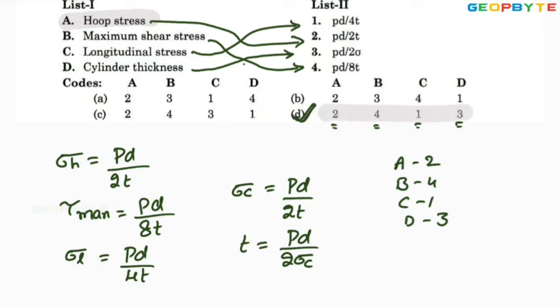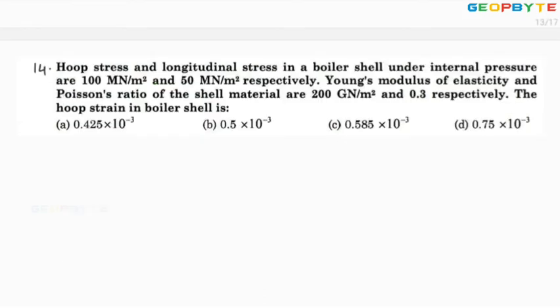I hope you understood. So this is a very important problem. I hope you clearly understood. Let us move to one more problem. Look at the problem. Hoop stress and longitudinal stress in the boiler shell under internal pressure are.